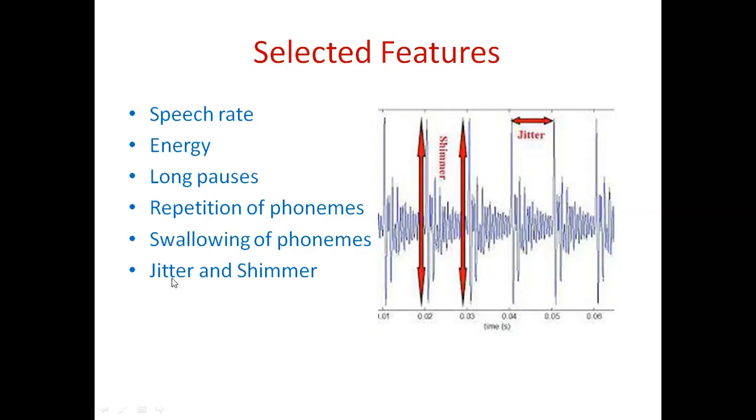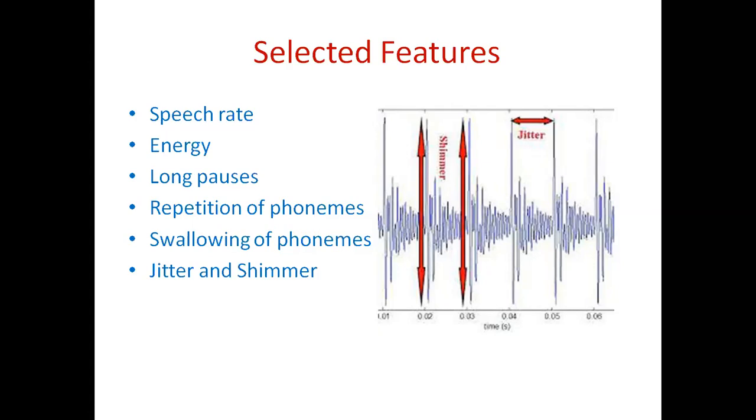and sometimes he swallows some phones. Two other important features are jitter and shimmer. What is jitter? Jitter is the variation in the pitch of the person across time. In a given time interval, if the pitch is varying around 250 hertz or so, maybe in the next 1 second there will be high variation in the pitch.